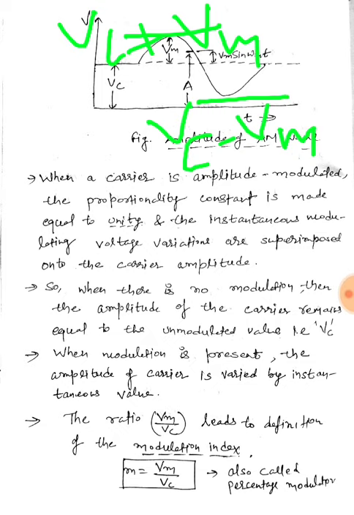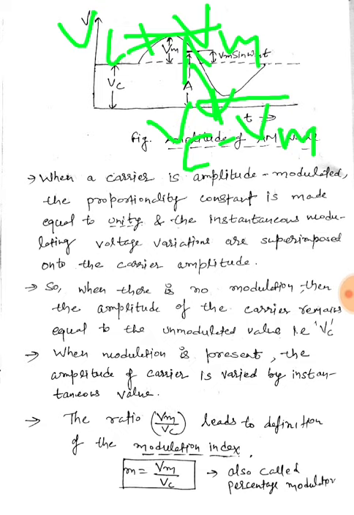So when a carrier is amplitude modulated, the proportionality constant we have made is unity, and the instantaneous modulating voltage variations are superimposed on the carrier amplitude. Whatever variations in the amplitude of the message are coming, we are superimposing them onto the carrier signal.